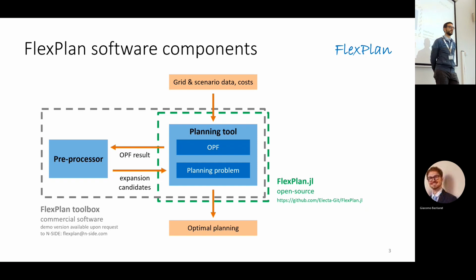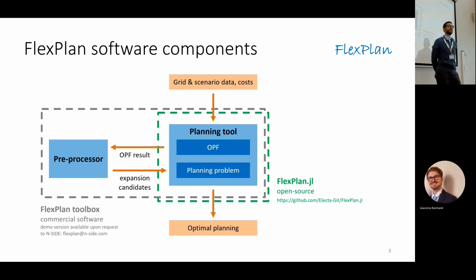Concerning inertia in the grid, its spatial distribution is more important than its overall amount. That would possibly mean that for the grid to be stable you would need to add a STATCOM at that point. That would change the cost.